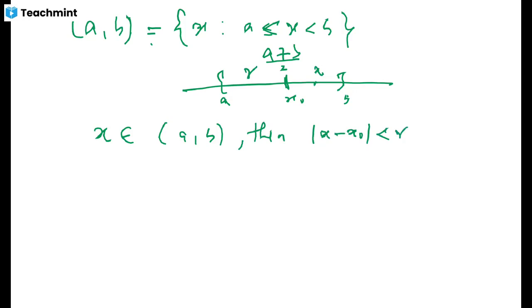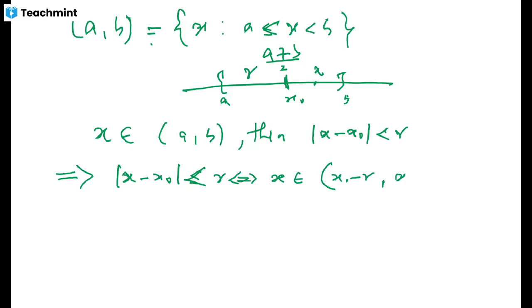So in general, |x − x0| is less than r if and only if x belongs to the set (x0 − r, x0 + r). Here x0 − r is actually a, and x0 + r is b.